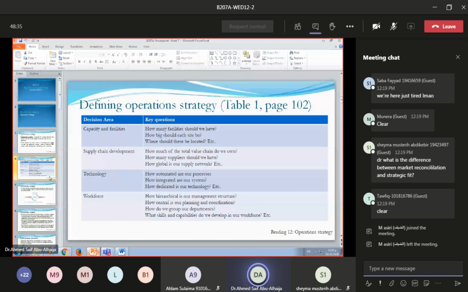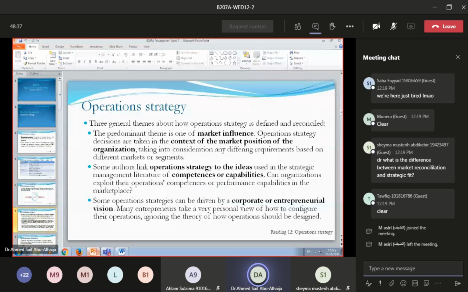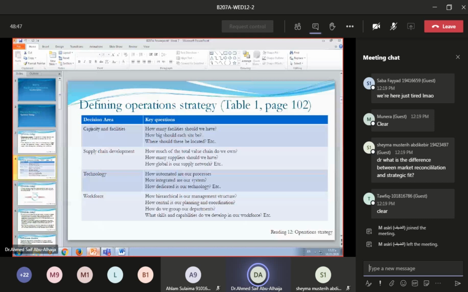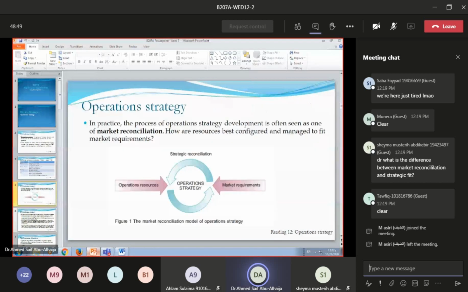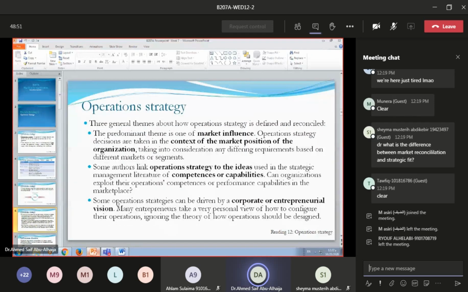So can you consider there is a link between the operation and the competencies or capabilities? Yes, it's the first one, as you can see, capacity and facilities. Some operation strategies can also be driven by corporate or entrepreneurial vision.